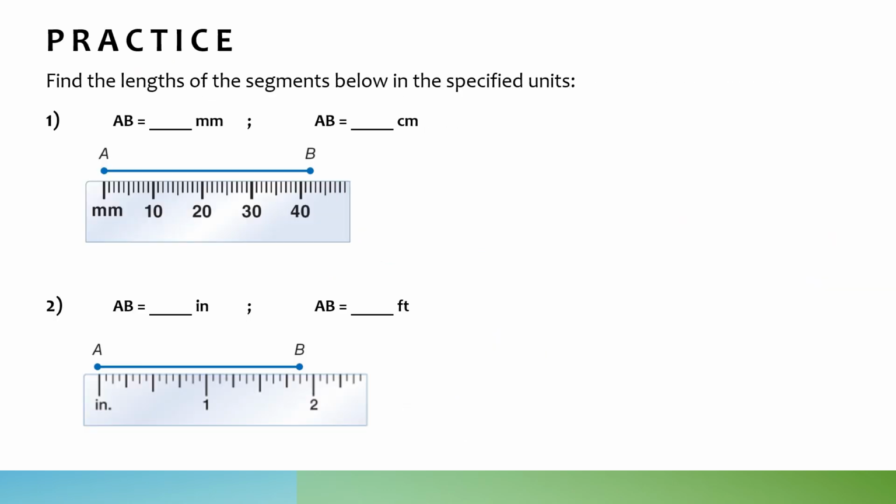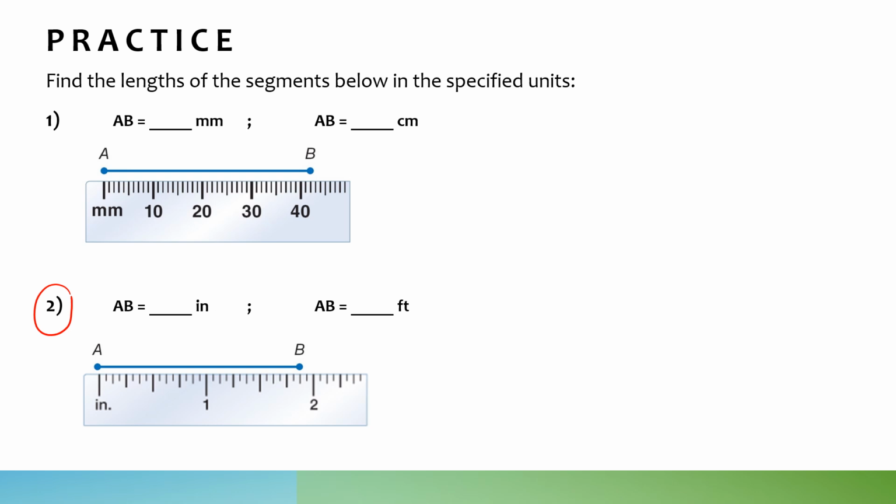Okay. We're going to go through one of these practice questions. I'm going to skip over number 1 and jump into number 2, where we are measuring the length of AB using this little ruler, so to speak here. And this is first in inches. We're asked to provide the length in inches.